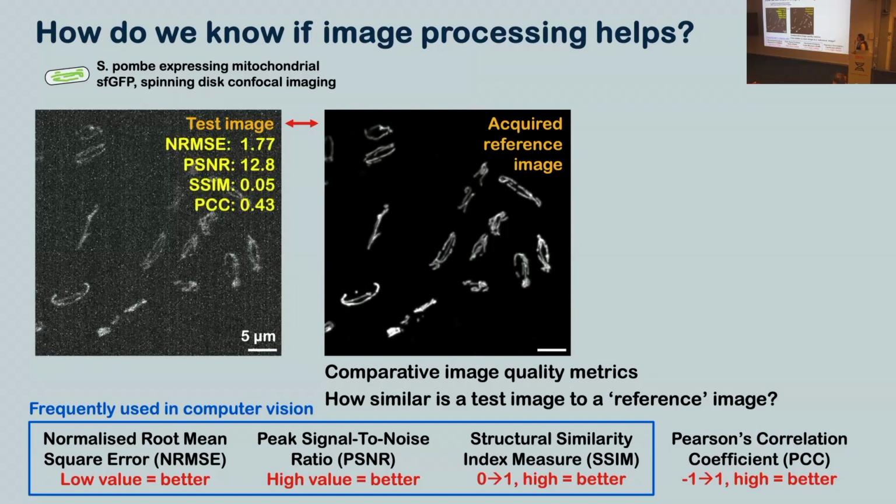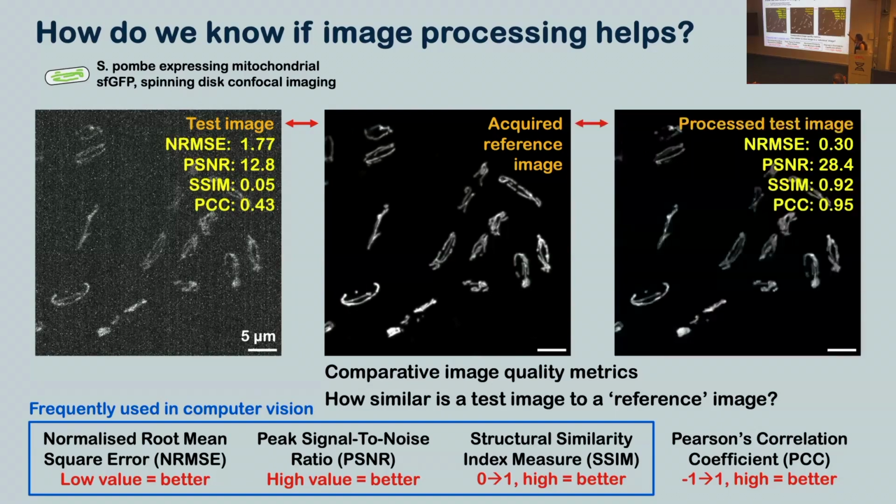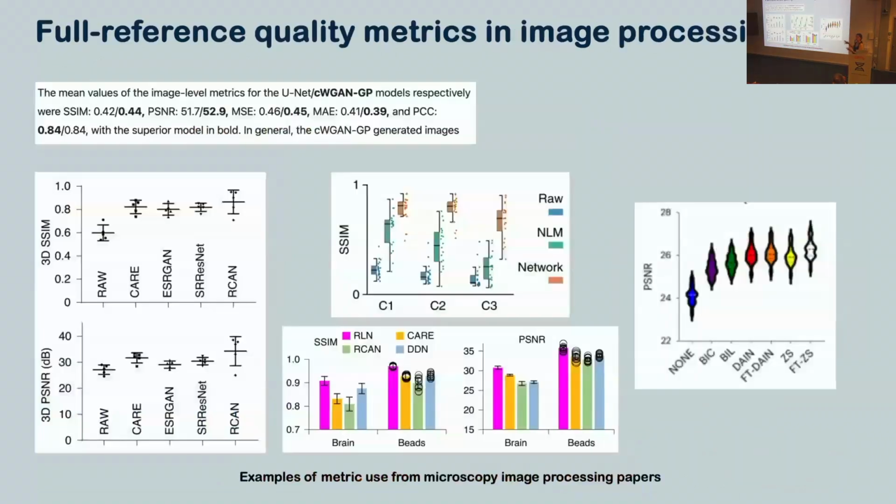What we'll then do is we'll then take our super duper image processing and process our test image, and it'll look like this. We can then compare that to what we know to be our reference and recalculate our metrics. So the idea is we're looking to compare the metric values before and after processing with this reference of what we want the image to look like as kind of gold standard. And just to show you, this is generally how it's done in the literature.